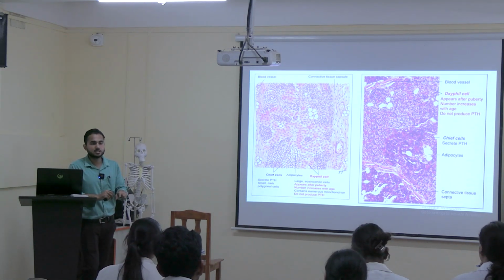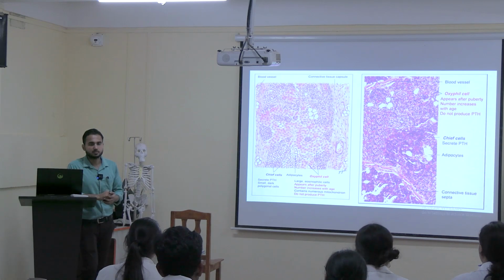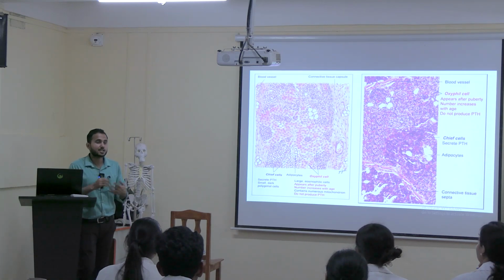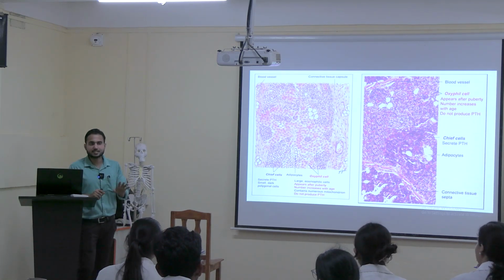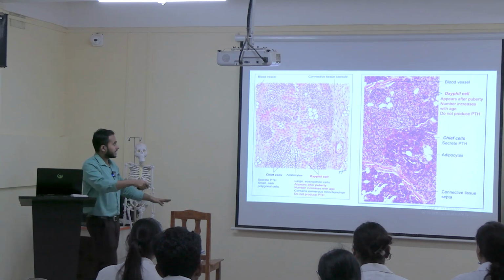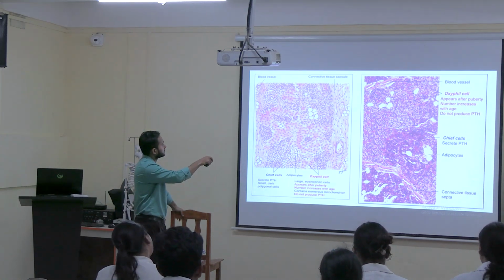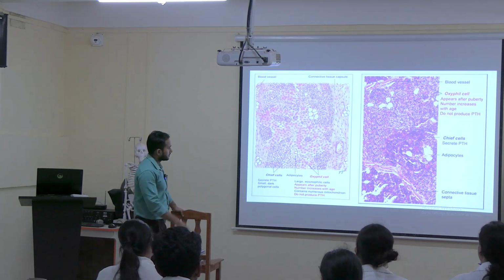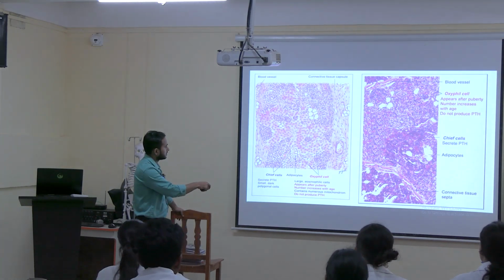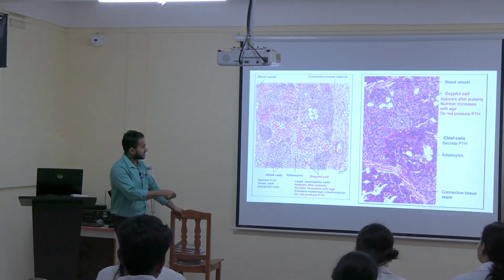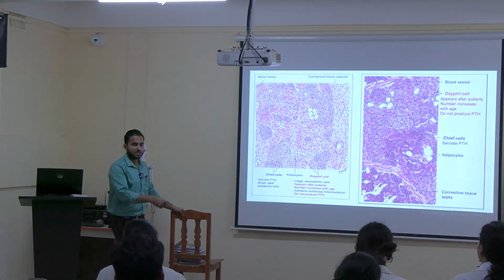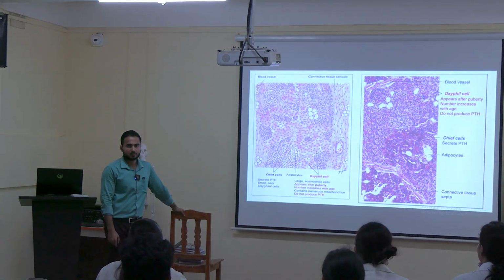How will you differentiate principal cells and oxyphil cells? The number of principal cells is more, the number of oxyphil cells is less. These cells here are chief cells. See the appearance of the chief cell under H&E stain: darkly stained.